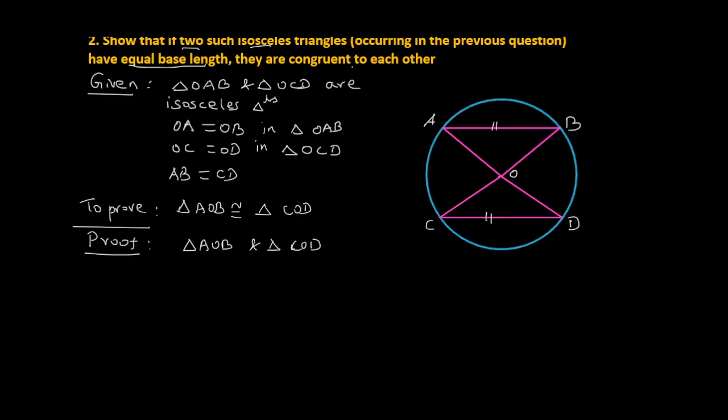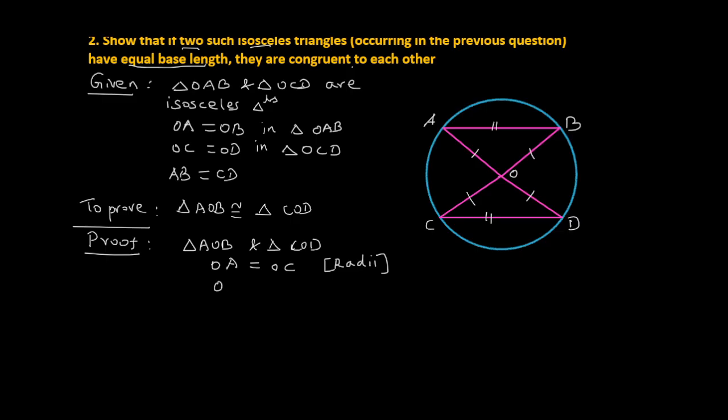What is given? In triangle AOB, OA, OB, OC, OD, everything are radii. So there are four radii here. OA is a radius, OB a radius, OC and OD all are radii. So OA in triangle AOB is equal to OC in triangle COD, because they are radii of the circle.